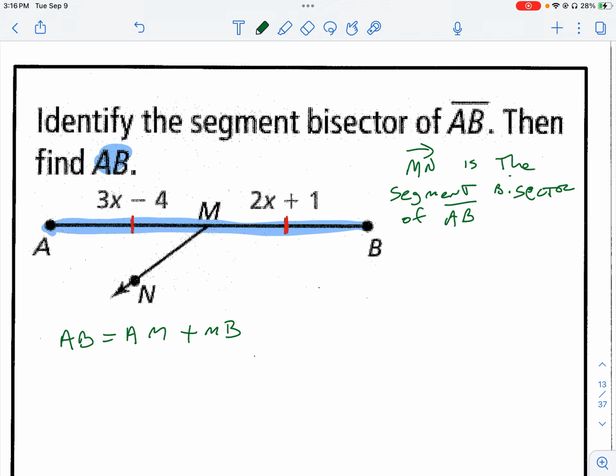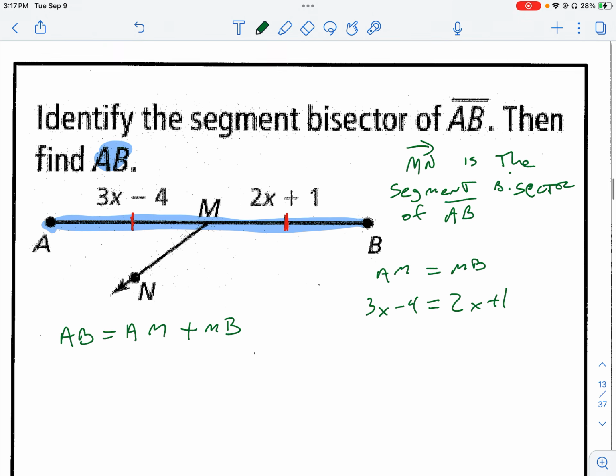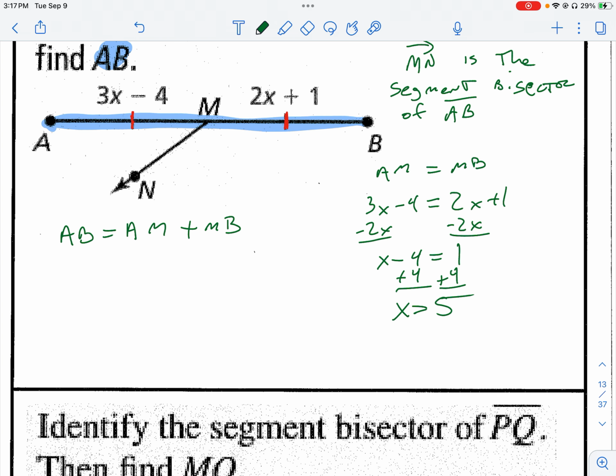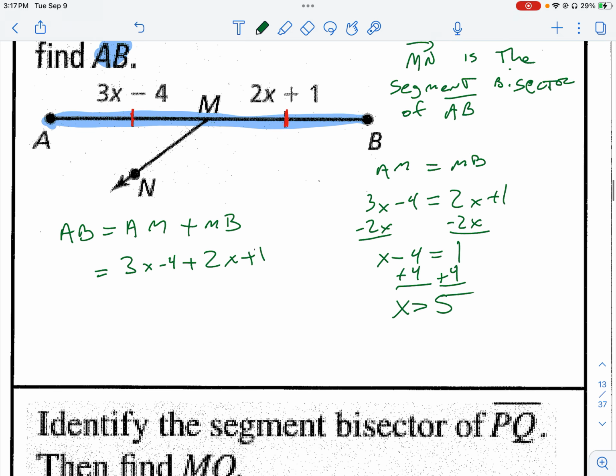Well, AM equals MB. So 3x minus 4 equals 2x plus 1. Let's do our handy dandy algebra. X equals 5. So let's go ahead and plug it in. So we get 3x minus 4 plus 2x plus 1.